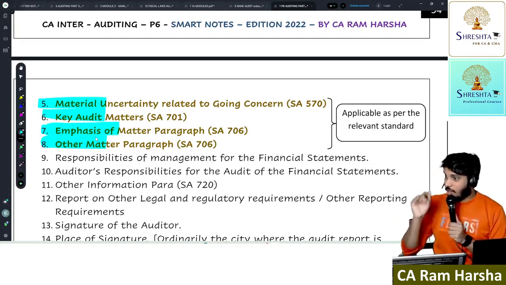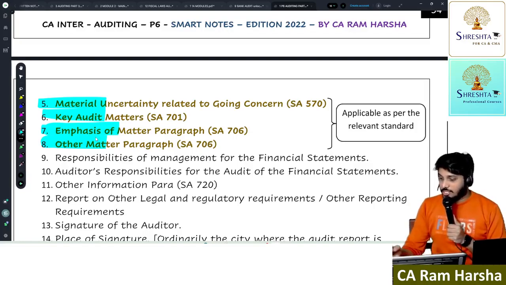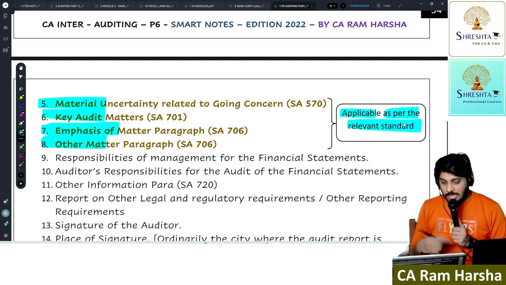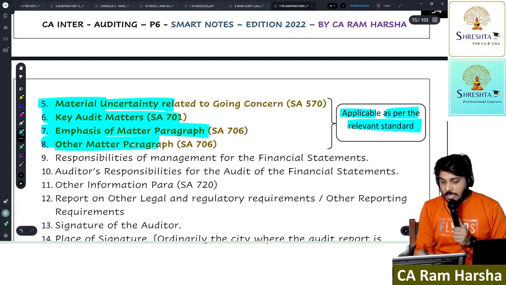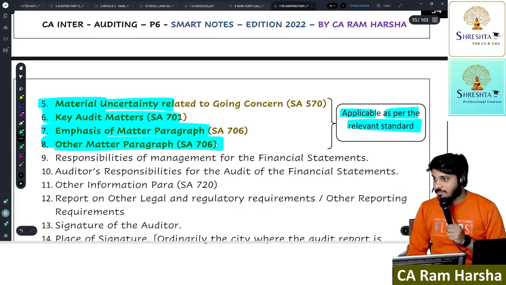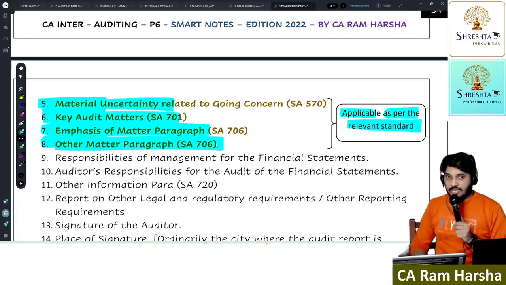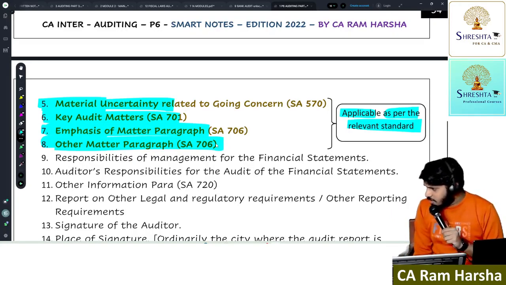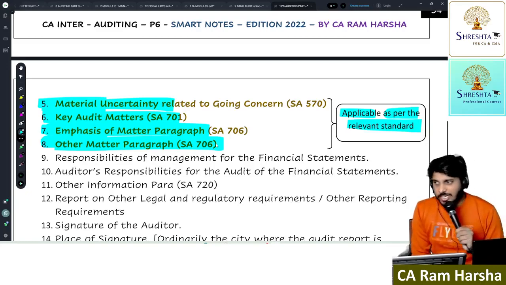But I gave them in the format of the audit report here. And on the right side I mentioned, applicable as per relevant standard. What does that mean? These points will not come in every audit report. That's why I highlighted them with a different color. When applicable, they will come in the audit report. If not applicable, that's it. Are you getting the point?